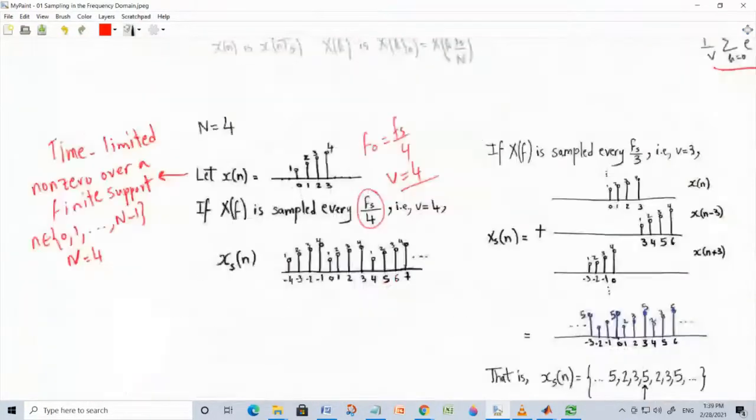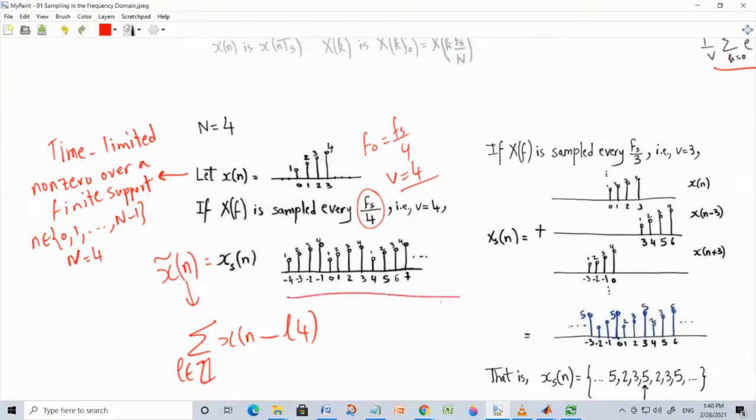The sampled signal, which above I'm denoting by x tilde of n, is a summation of this thing here, L an integer, every v, and v is 4. Those 4 samples will be shifted to the left by 4 samples, to the right by 4 samples, to the left by 8 samples, to the right by 8 samples, and so on, and then you sum them together, and what you get is exactly this.